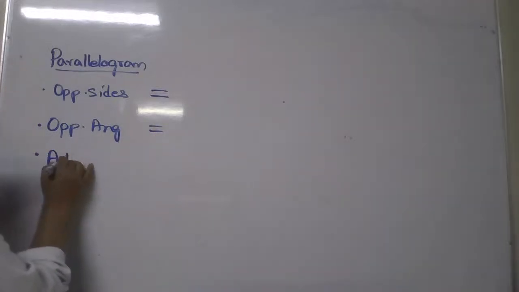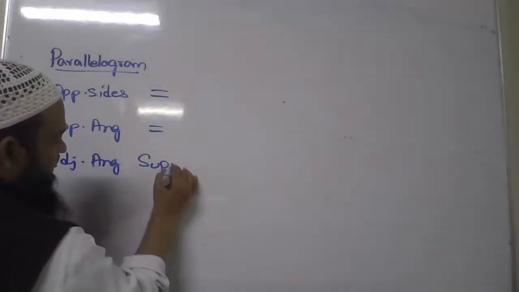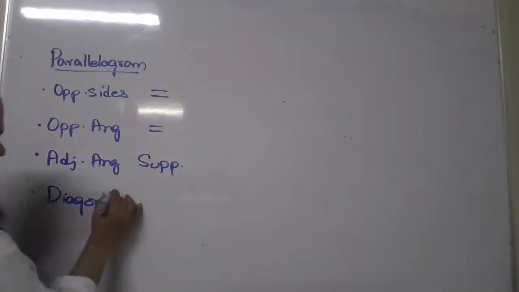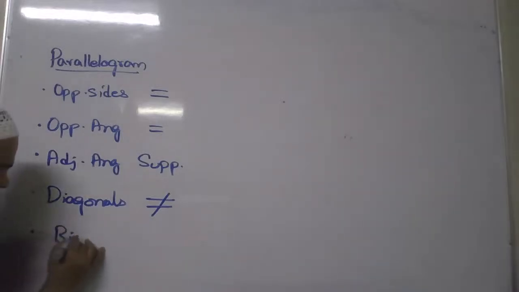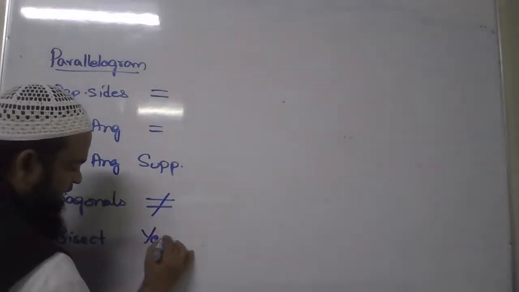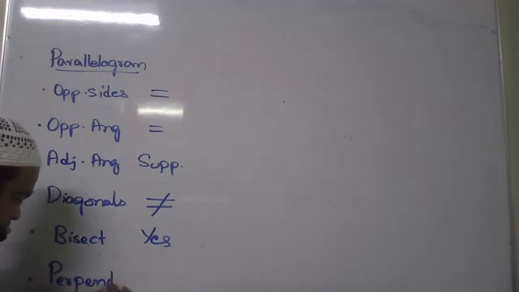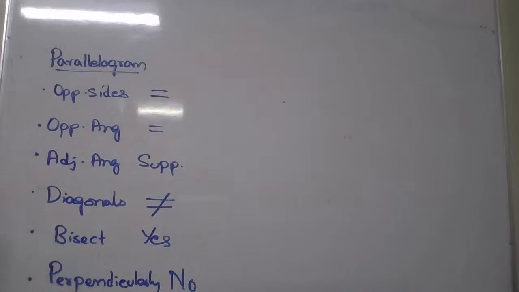And what about adjacent angles? Adjacent angles are supplementary. And diagonals not equal. And diagonals bisect. Yes, they bisect. And the last one is perpendicularly. Okay, I am talking about perpendicularly. So it is a big no. Understood? Yes, sir.